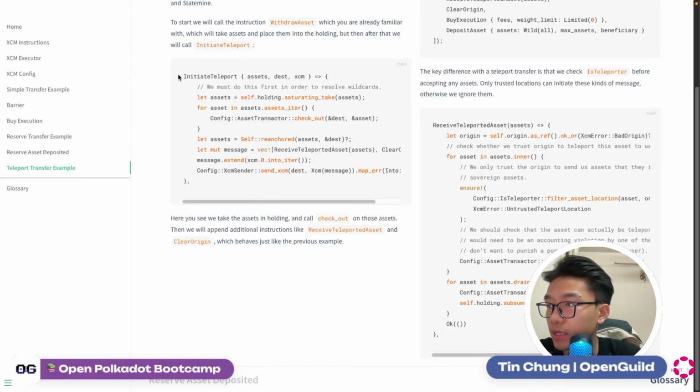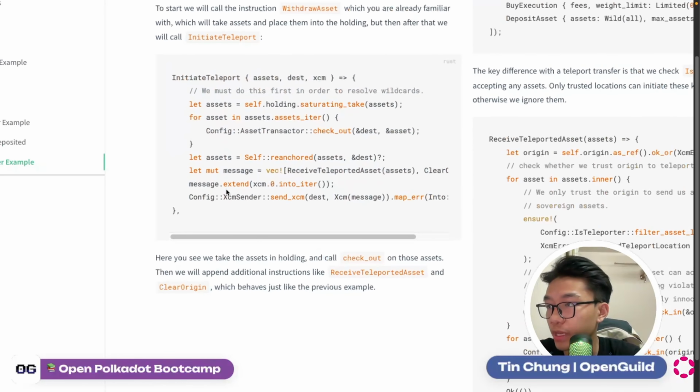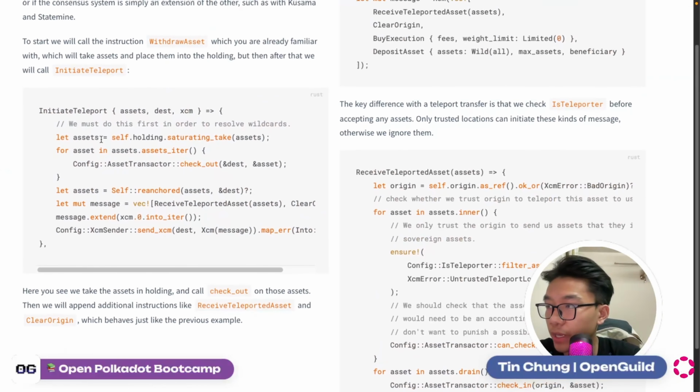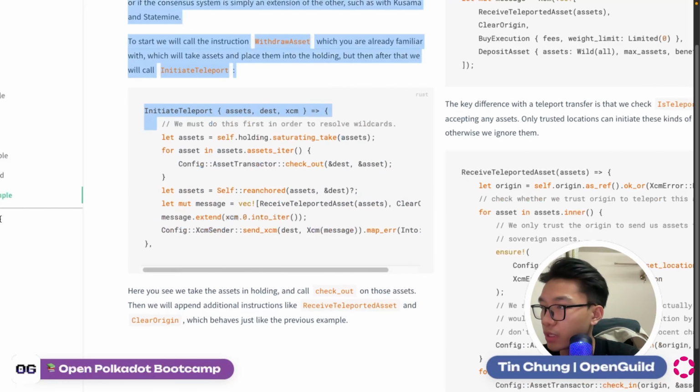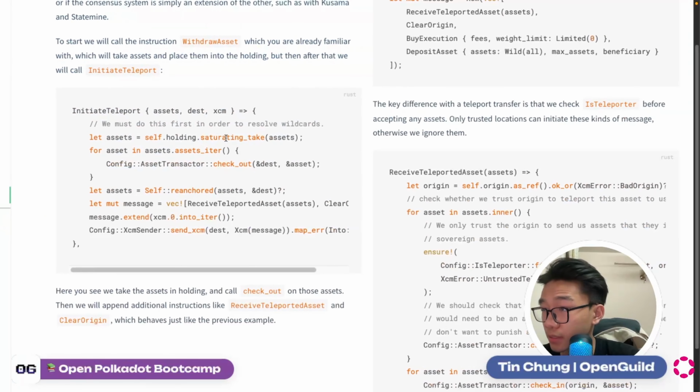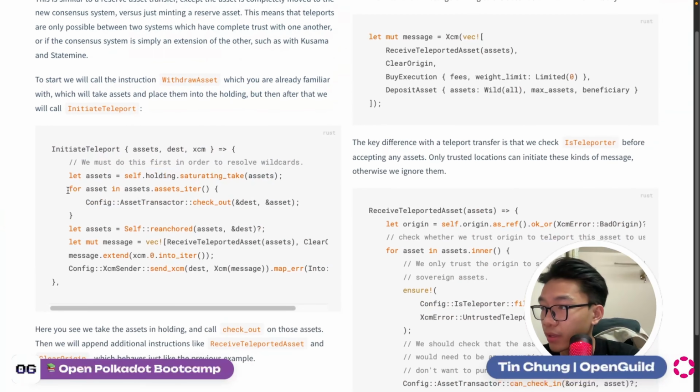Taking a look at the code of the teleport asset, in the process instruction method of the XCM executor that we already visited in the last two videos, here's the code of initiate teleport. You can see it right here. This takes the asset from the holding register, and then we iterate over all the assets and check them.